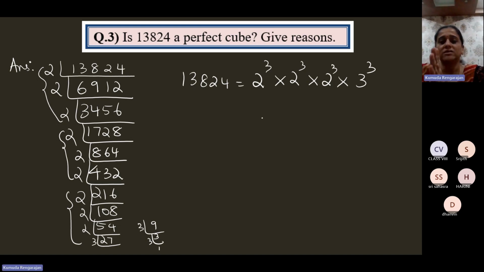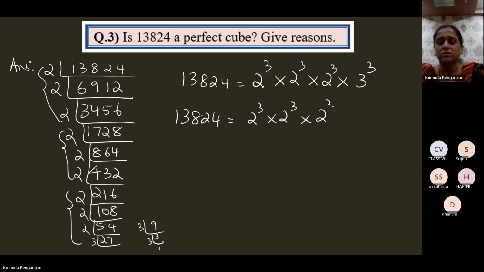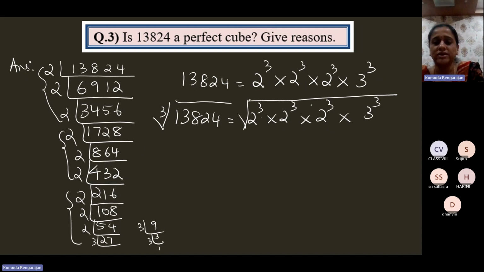I'm writing the primes raised to the power 3. Now repeat the step. Write the step again. And take cube root on both the sides.